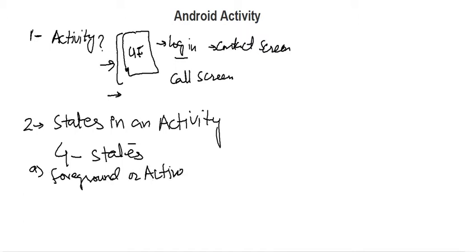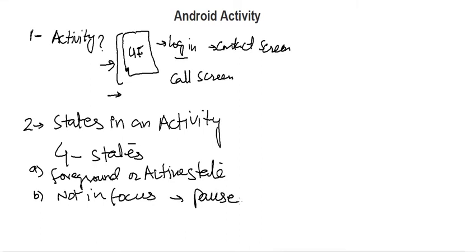This is the first state. The second state is if an activity has lost its focus. It's still in the foreground, but it's not in focus. This is the paused state. There's a function, for example, onPause, and these functions are provided for each of these states.